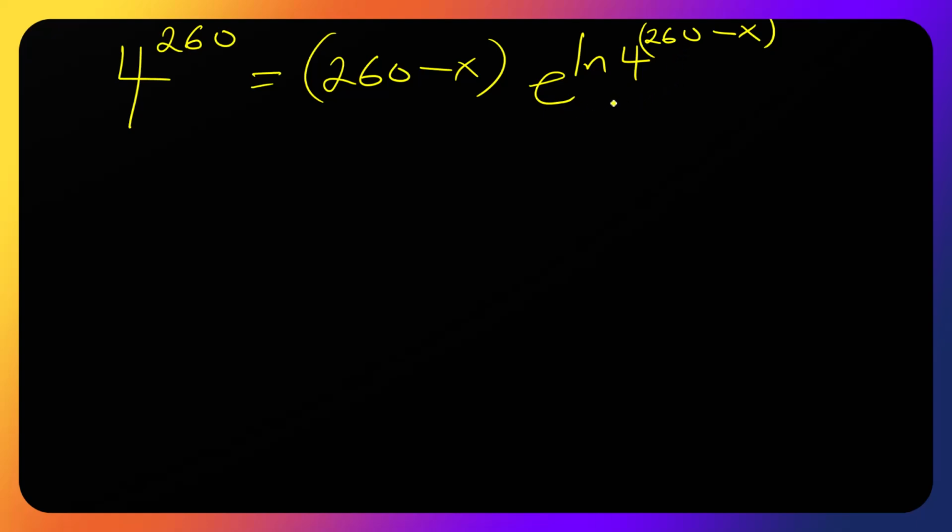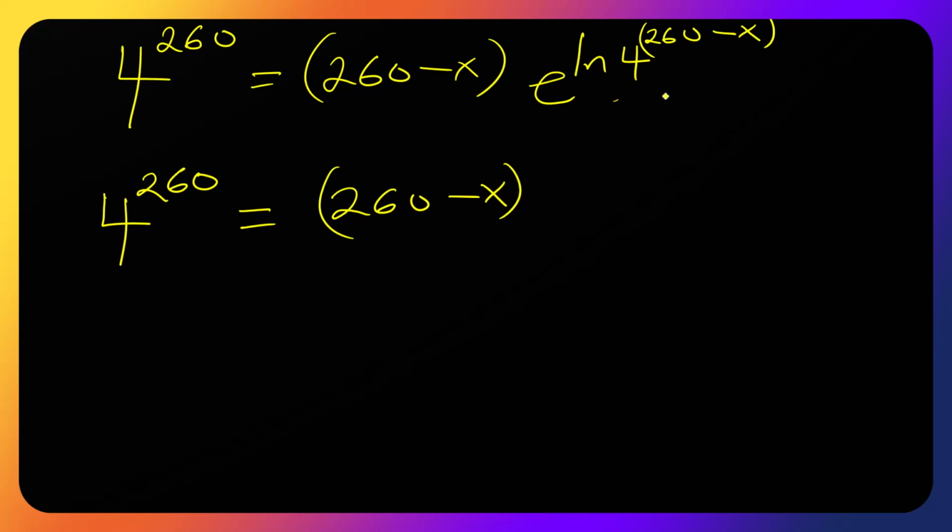So I have done nothing here. In going back, the result will still remain as 4 raised to 260 minus x. Okay. Now, we still have 4 raised to this equals 260 minus x. Now let's observe this.